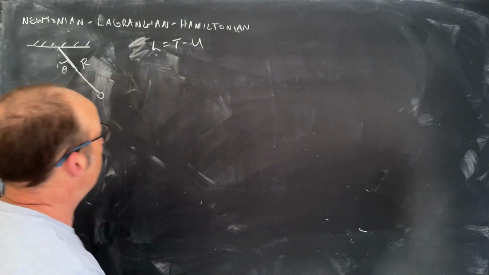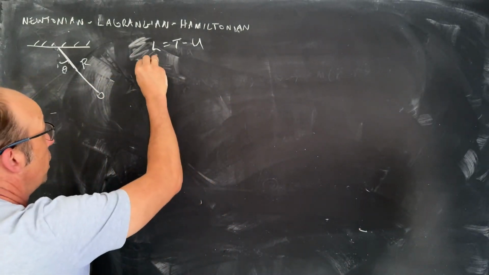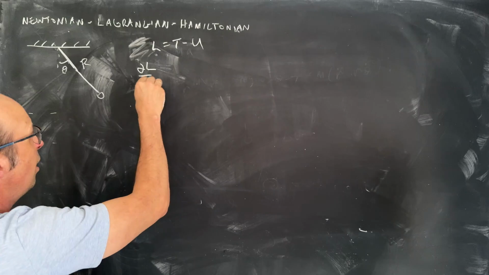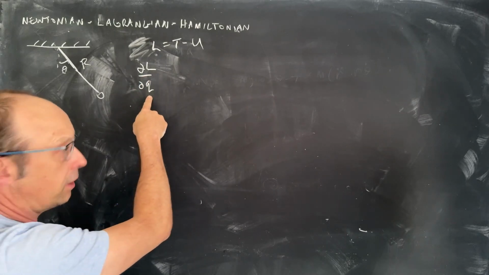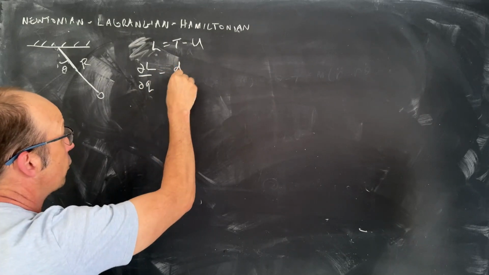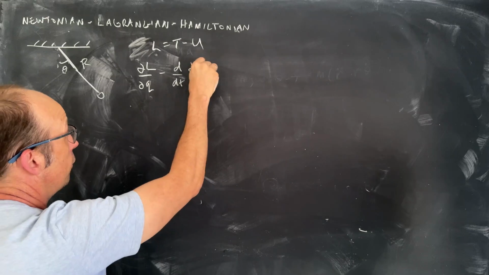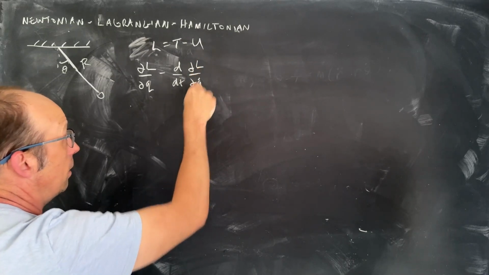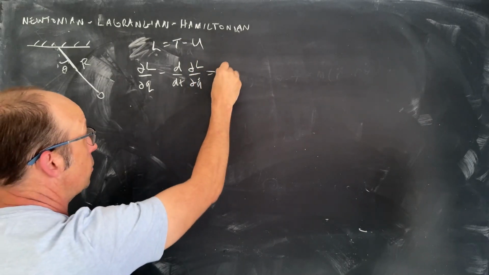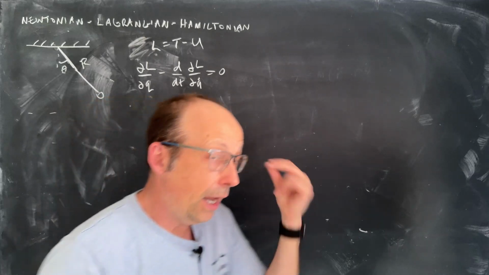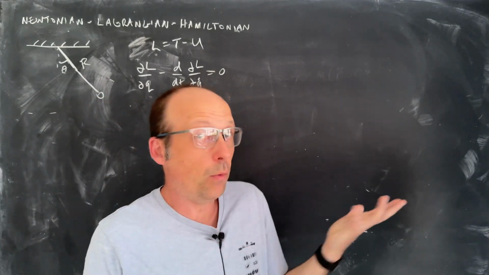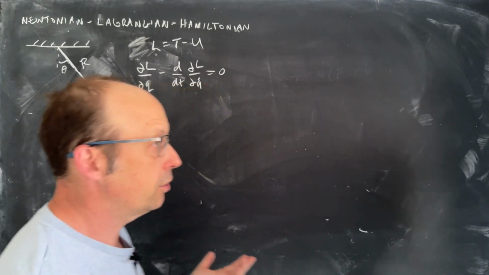But to do that, we use the Euler-Lagrange equations, which says that the partial of L with respect to q, where that's one of my generalized coordinates, minus the time derivative of the partial of L with respect to q dot, that's my generalized velocity, is equal to 0. What's great about this is that I can pick whatever coordinate system I want to describe the system.